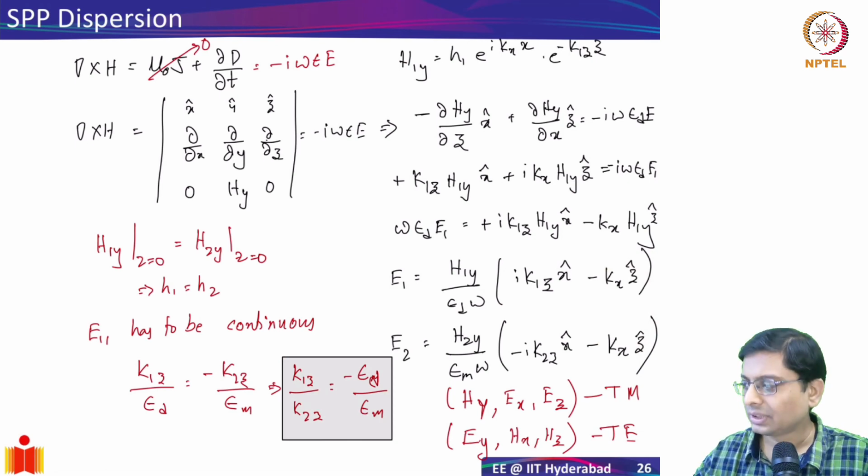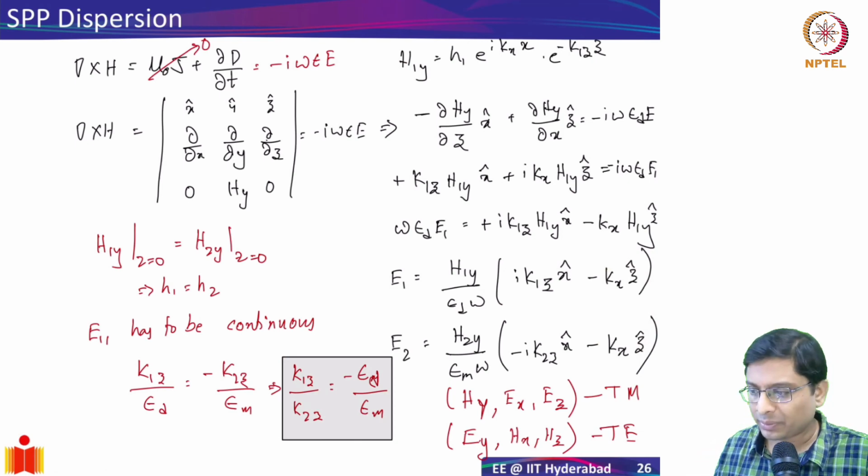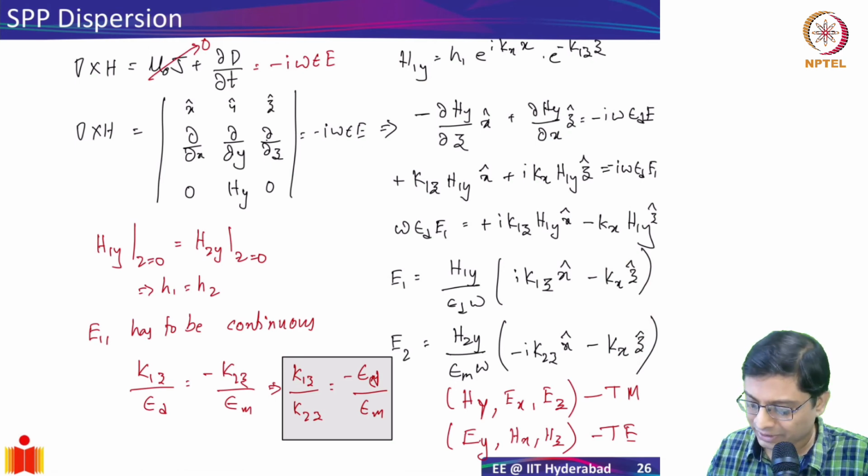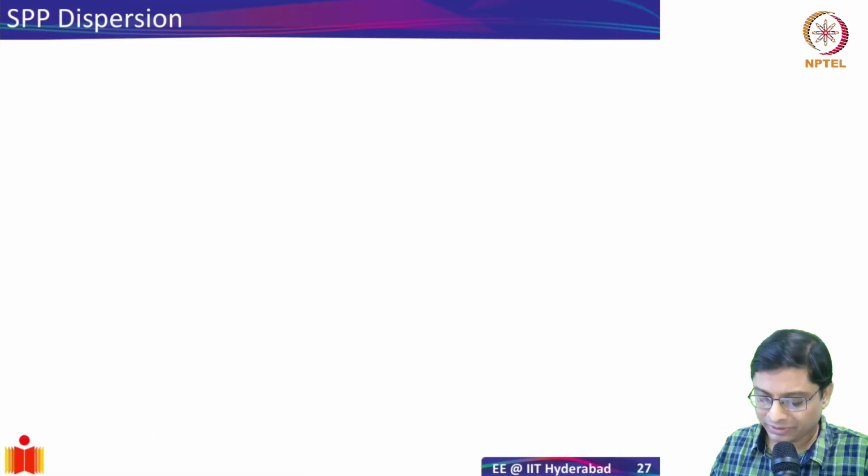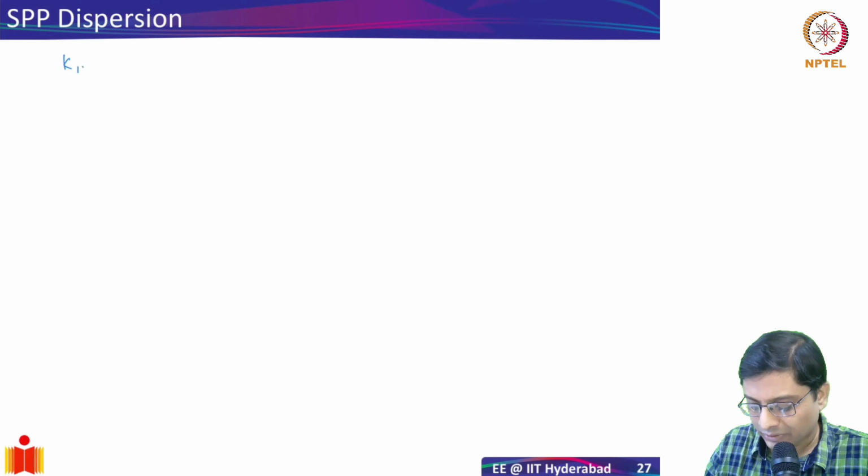So we'll just take a few minutes to understand the implications of this. This is one expression that I need you to analyze. I'll mention it one more time. What I'm saying is K1Z divided by K2Z is going to be equal to minus epsilon dielectric divided by epsilon metal.